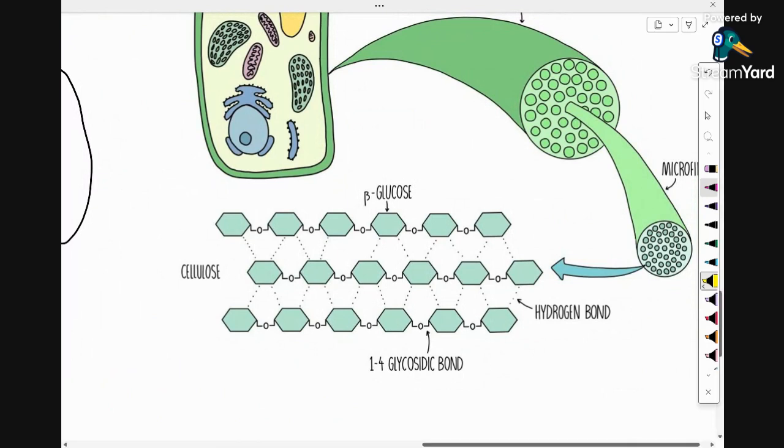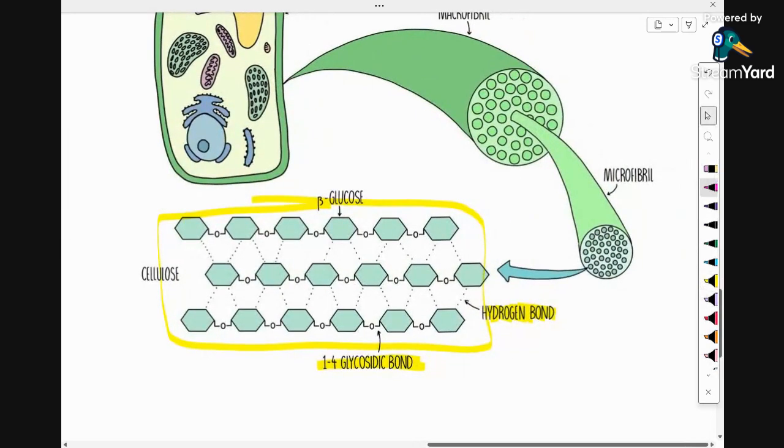We have beta 1,4 glycosidic bonds between the molecules, and the chains stack on top of each other with lots of hydrogen bonds between them. Collectively, we have lots of stacks on top of each other, lots of hydrogen bonds, very hard to break, so structurally very, very sound. The reason why each alternate beta glucose molecule is flipped is to maximize the number of hydrogen bonds that can form.